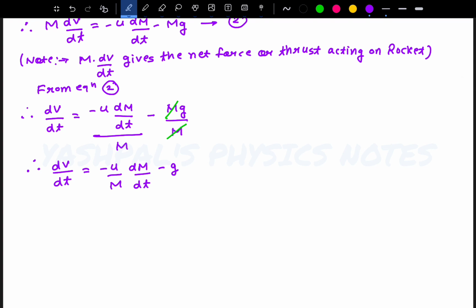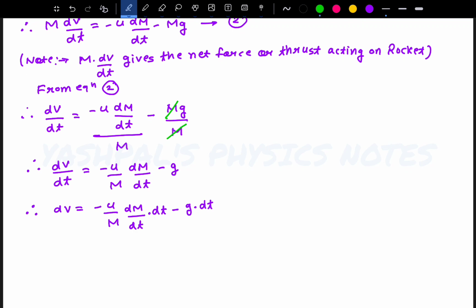In LHS it is in division, so in going to the RHS it will be in multiplication. So therefore dV equals minus u by capital M dm by dt into dt minus g dot dt.